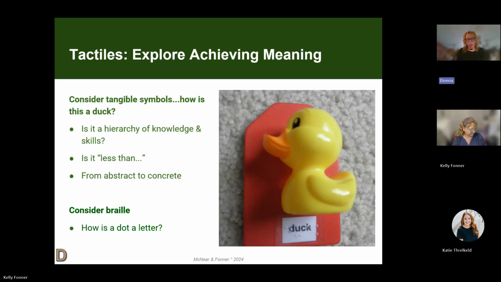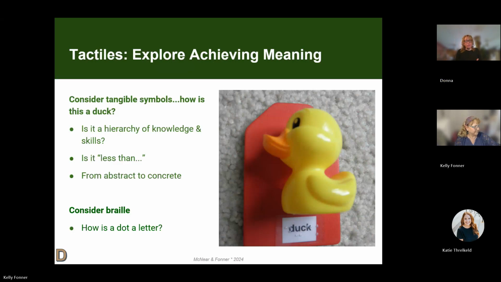Because when we consider, for example, this tangible symbol of a duck, how is this a duck, right? How does this become a duck to a child, especially a child who's blind or many other children, and yet we're calling it a duck and it's just a plastic molded shape.